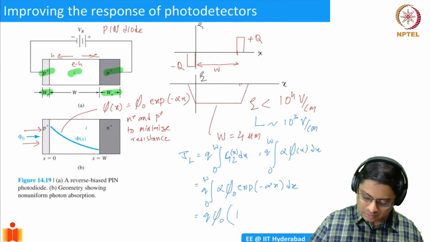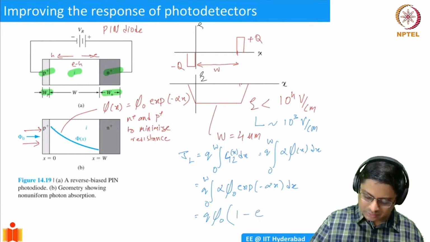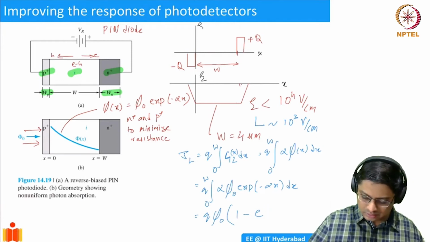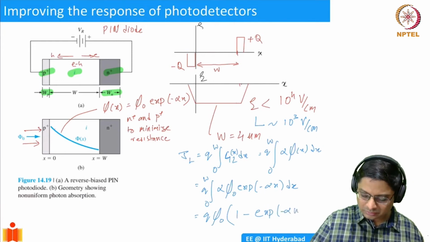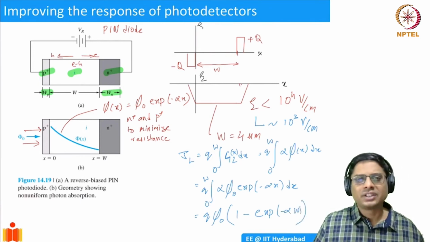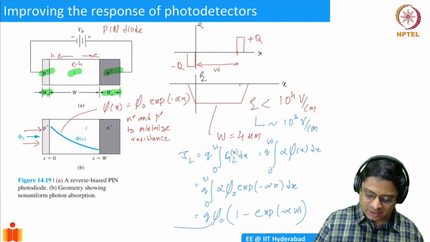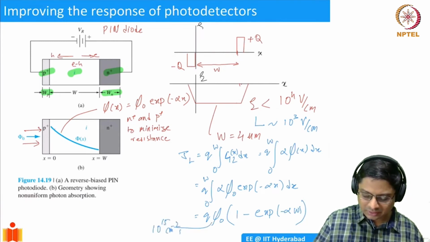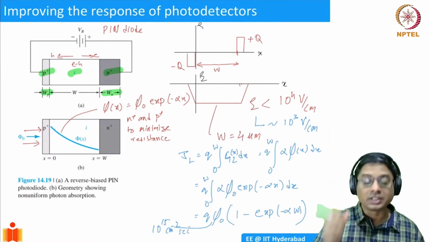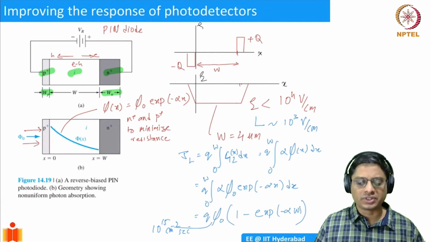So it's going to be 1 minus exponential minus alpha W. Okay. So if you have a certain flux incident, let's say this is going to be 10 power 15 per centimeter square per second. Okay. So this will be the current that you will experience. We'll measure in this.